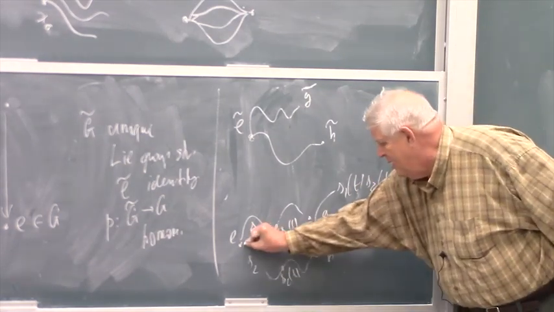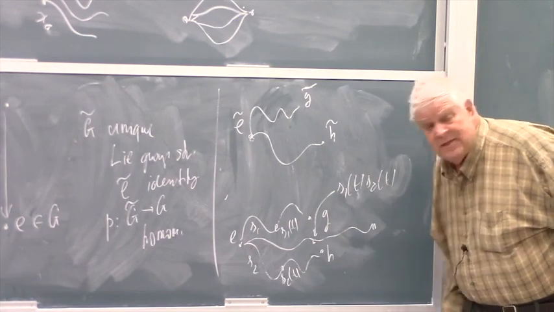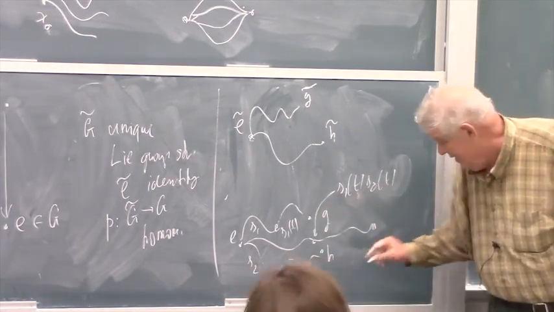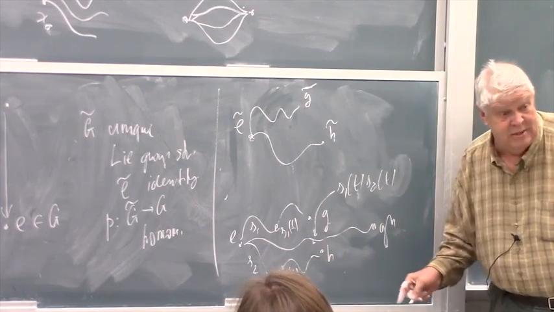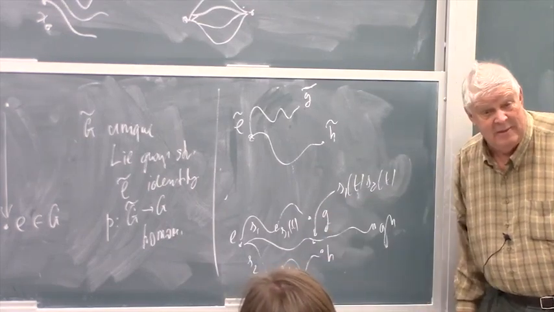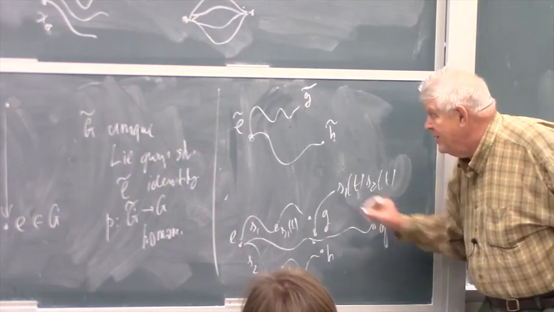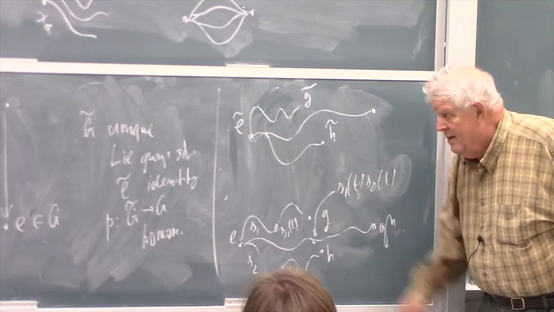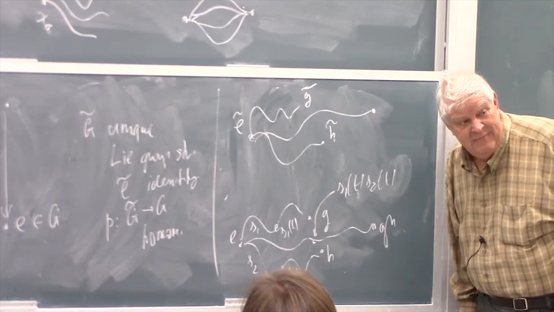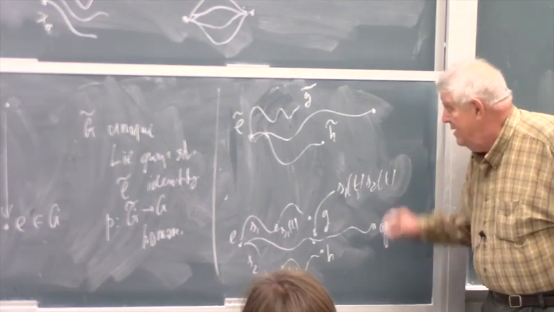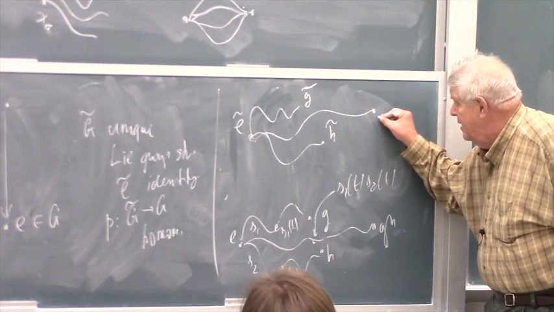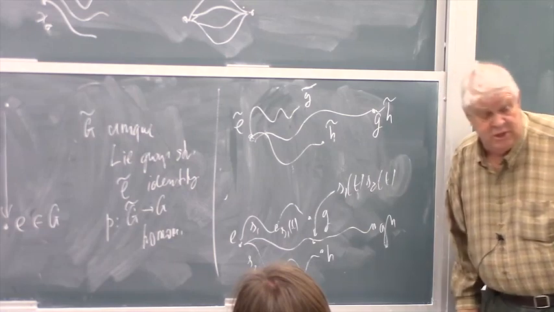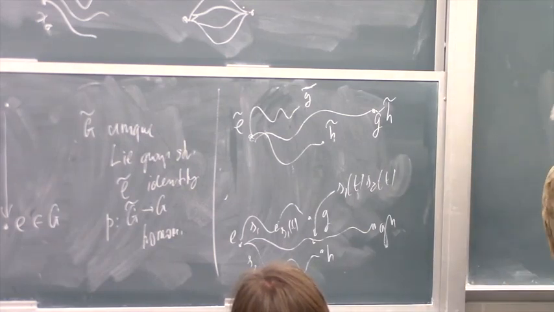And I will get some path. It ends at G times H, obviously, because the whole path is done by the product operation. Then I take this path and lift it, using my lifting property. Very interesting. And I say that this is, by definition, G tilde H tilde.